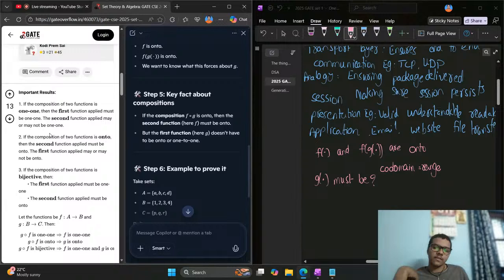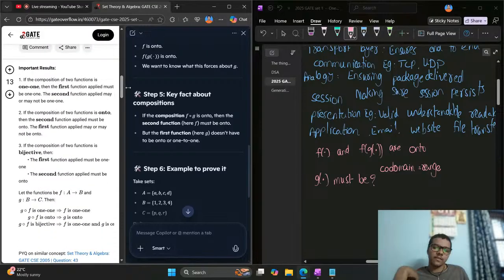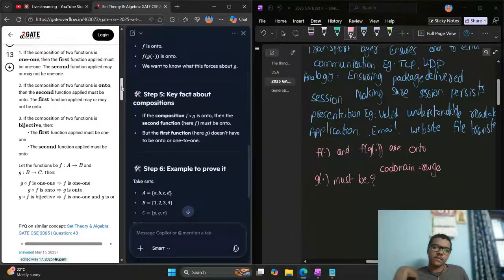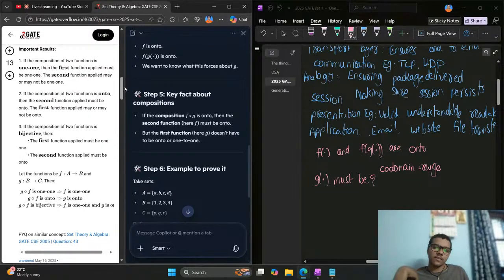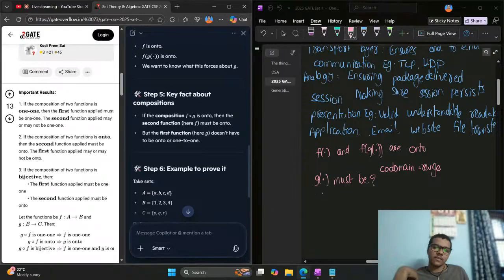The second function applied may or may not be. This seems good. If the second function is a bijection, then the first function must be one-one. I have read this one before.